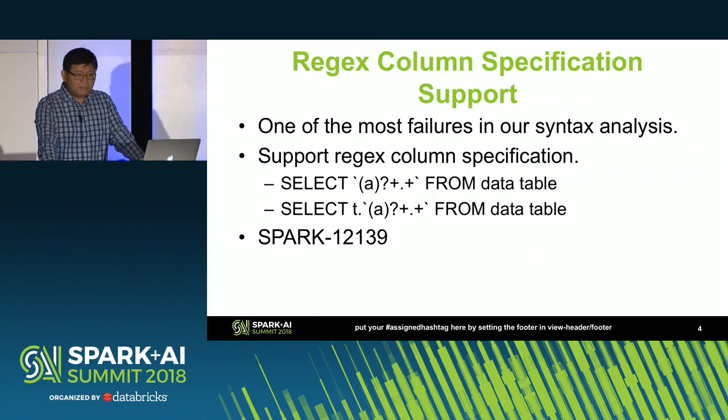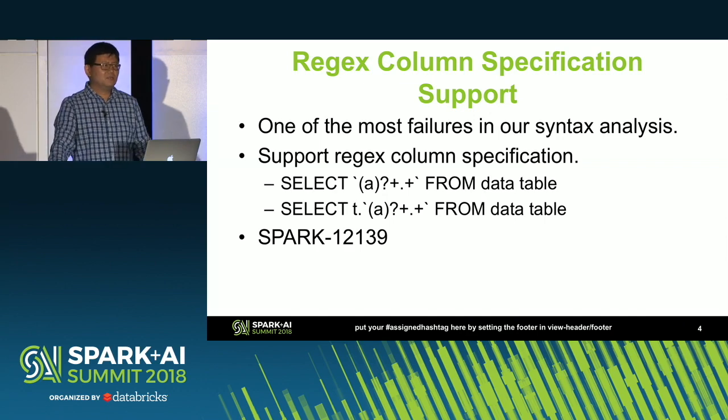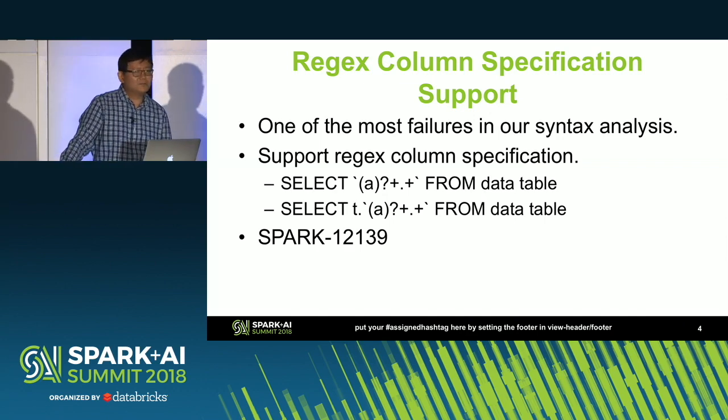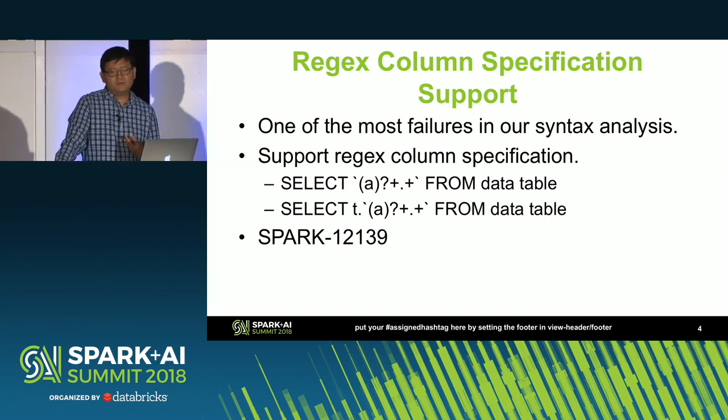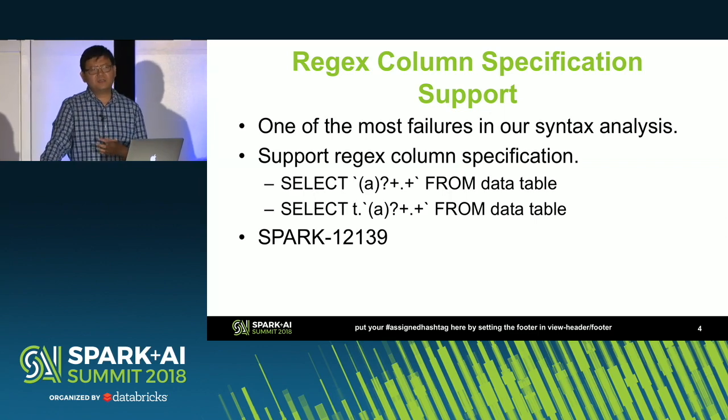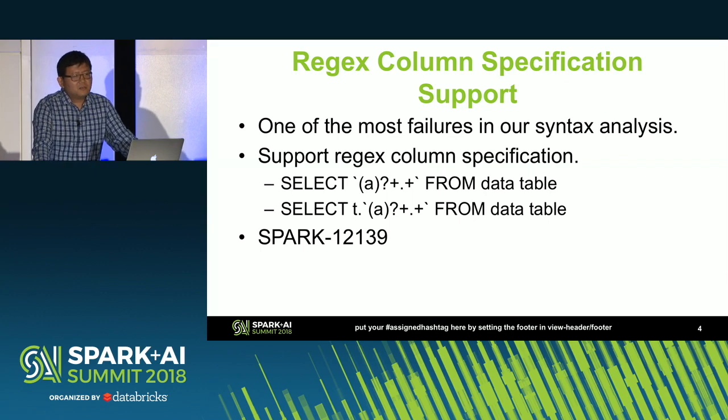In Facebook, we have a lot of tables. Actually, they have maybe hundreds of columns because the data is huge. And when the data engineer writes their data pipeline, we don't want to specify each column. Typically, in production, we find a lot of SQL is written like this. Select all the columns except some columns. But in Spark, we don't have this feature support.